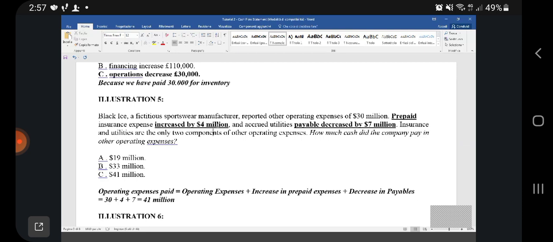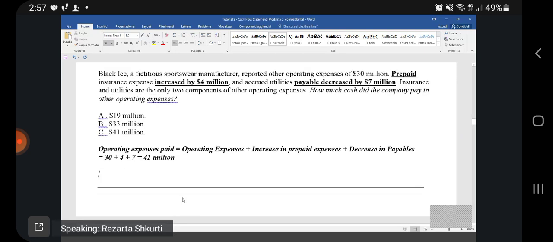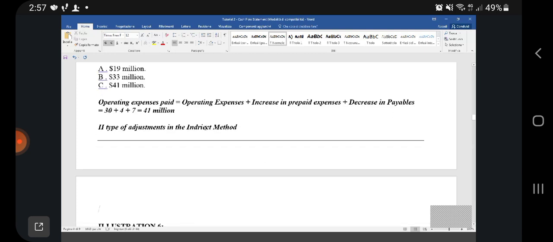Another thing that I may add here that maybe will help you, remember the second type of adjustments in the indirect method. Increase in current operating assets.